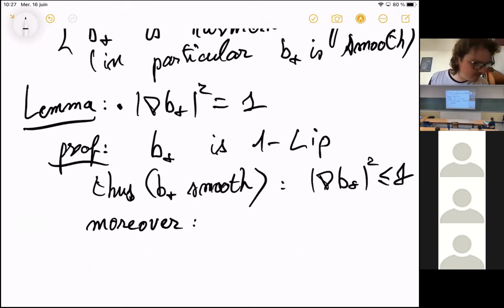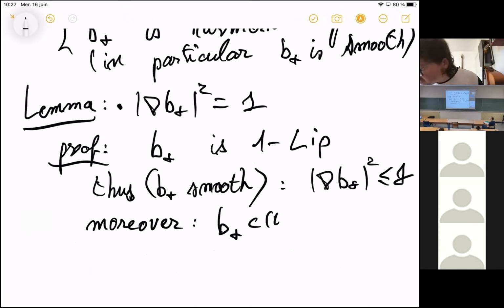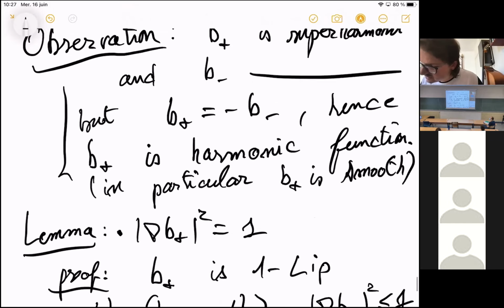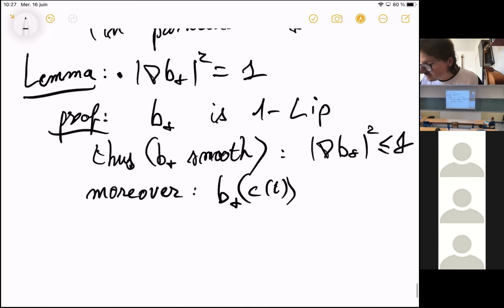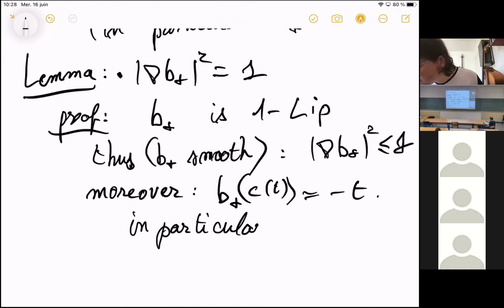And moreover, if you compute B plus of C of t, that's more or less the same computation that we did here, you will see that it is minus t. So in particular, the gradient of B plus at the point C of t has norm 1.